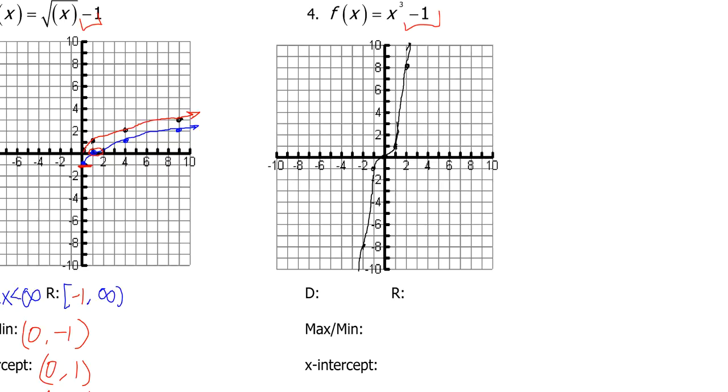Now it says that we're going to move this down 1. Everything's going to get moved down 1 point. And there's that. Now, let's see. That's going to go like that. Like that.